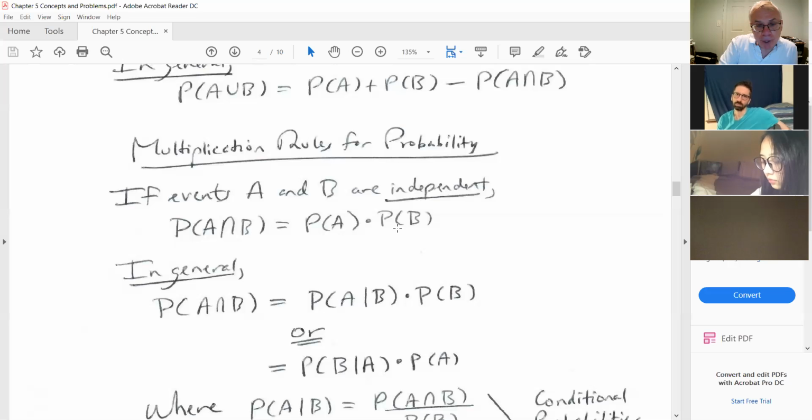However, this is going to get into something that we haven't gone over yet, so I'm going to talk about this in a few minutes. If the two events are not independent, that is, they're dependent on one another. In other words, let's say you look outside and you guess, oh, I think the probability it's going to rain is 1 out of 10.